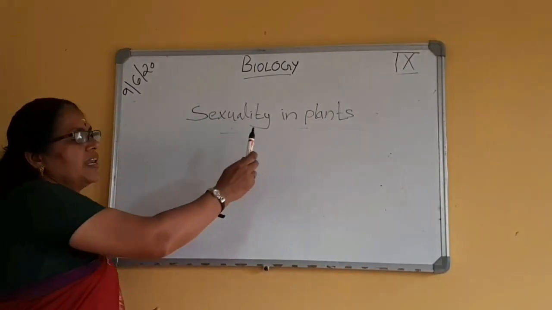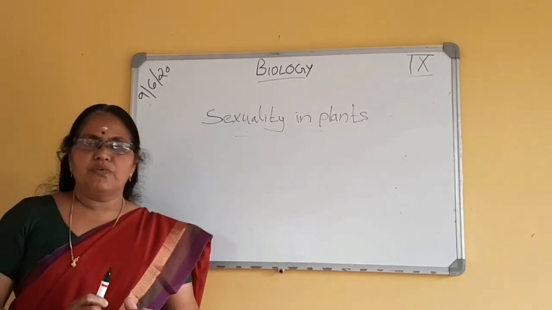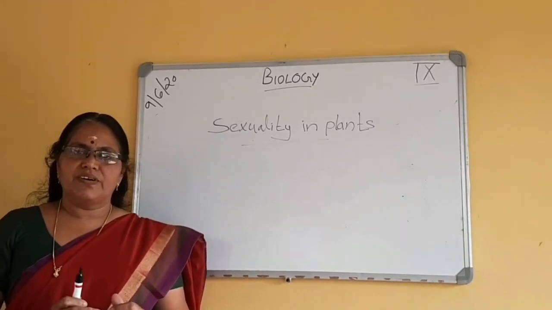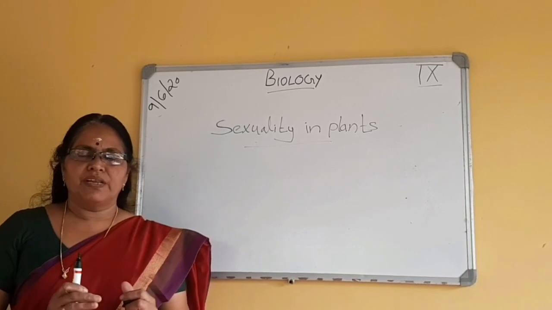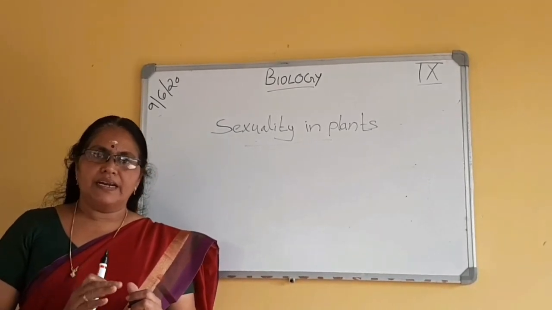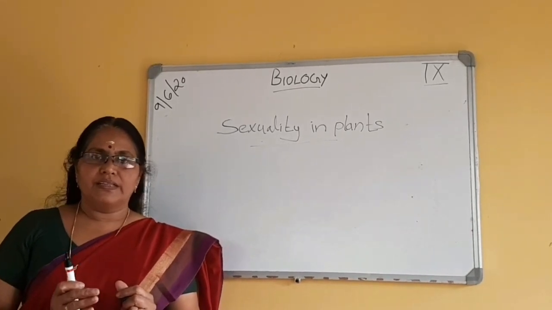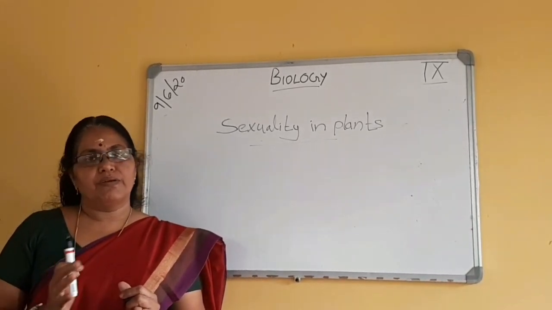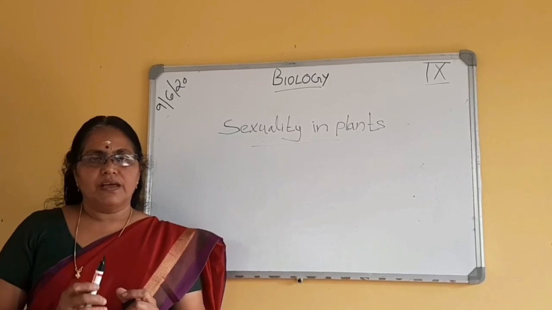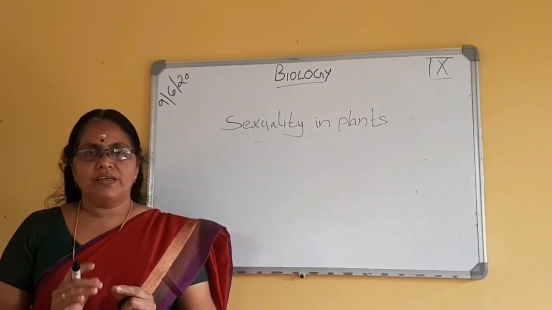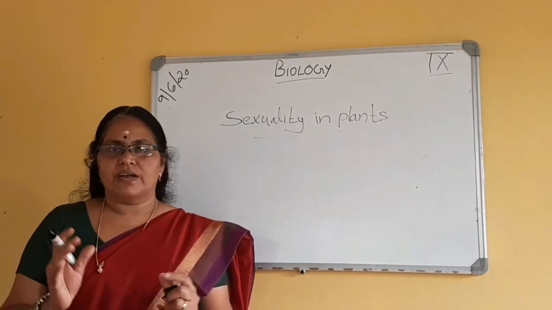Next is the sexuality in plants. Most plants contain flowers that are bisexual. That means they contain both the androecium and gynoecium. But some plants produce either the male flower or the female flowers. So that is called unisexual flowers. Unisexual flowers are of two types.